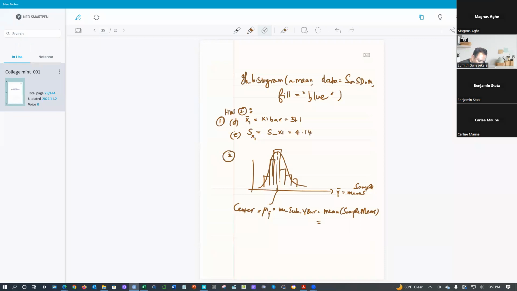The mean is 31.4417. For the spread, I'm going to say sigma sub y bar, the same as the SD of the sample means, which is 1.2503.